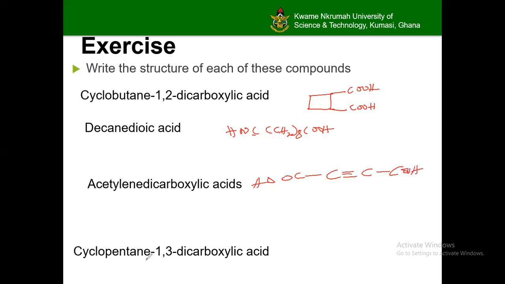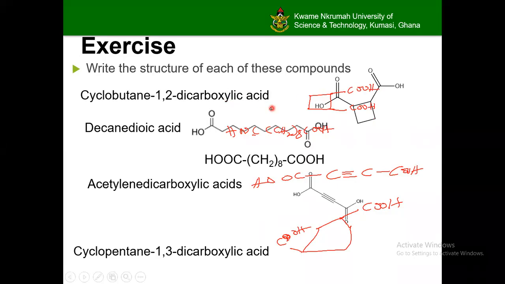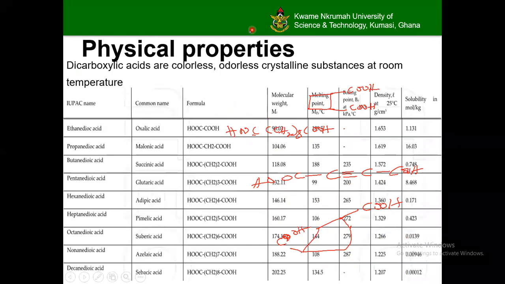Then the last one is cyclopentane dicarboxylic acid. So this is my cyclopentane, cyclopentane-1,3. So position 1, then position 3, COOH, COOH. Very simple, right? Good, good. So that is it. That is all. Very simple, very simple. Good.